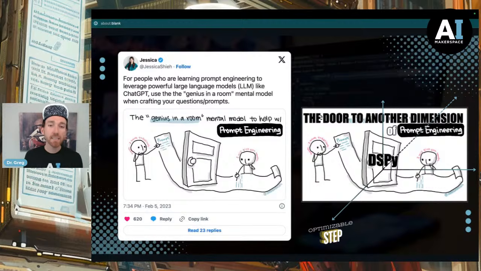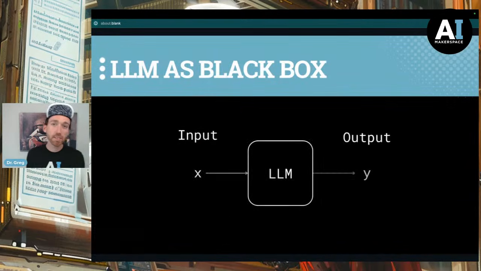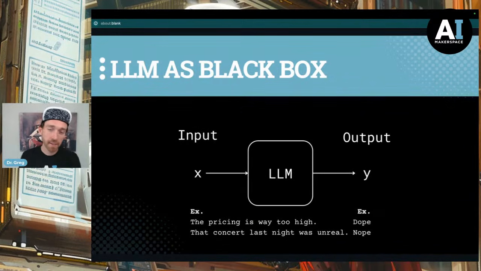And let's cast this into a framework that we're all comfortable with as developers hitting LLM APIs. Consider the LLM as a black box. Let's make it very simple today. Let's say we're doing a very simple, even simpler than our build today, dope or nope classification problem.